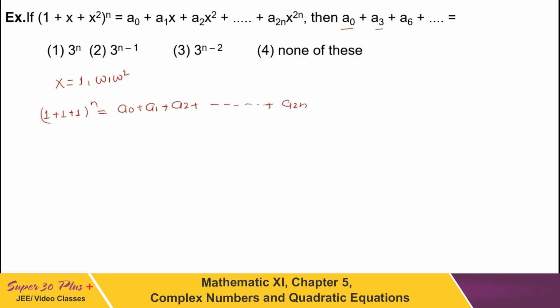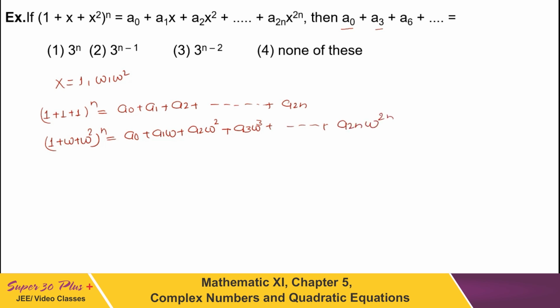Now we are going to put omega. It is (1 plus omega square) whole power n is equal to a0 plus a1 omega plus a2 omega square plus a3 omega cube plus dot dot dot plus a2n omega to power 2n.